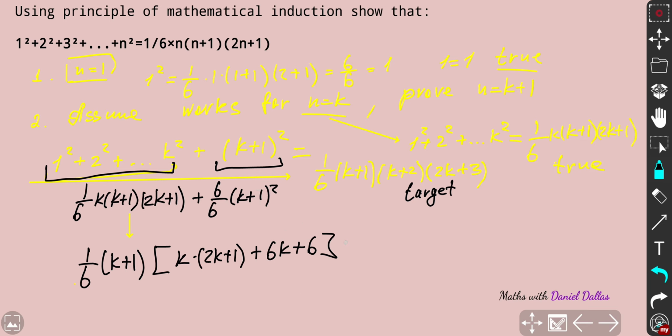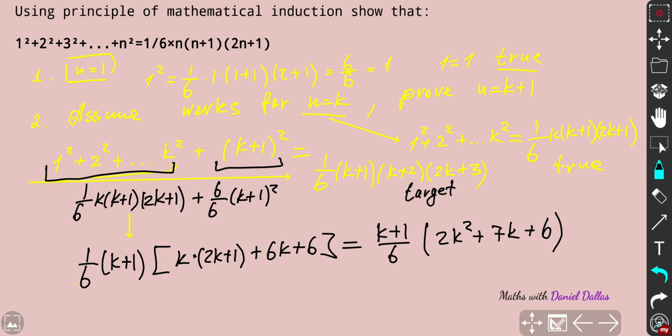So we've got (k plus 1) over 6, then k times 2k plus 1. Let's expand the brackets, and we've got 2k squared plus k plus 6k, which is 7k. On top of that, we've got 6 as the free coefficient.